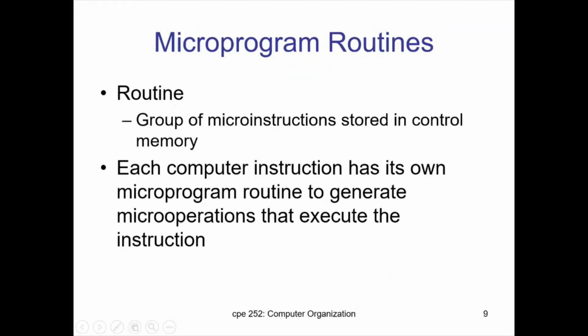That is called a routine, a microprogram routine. When all the operations are done, it comes to the initial stage. So: input the specified instruction, evaluate the instruction, execute the instruction. These are the three primary steps in a routine, which is a group of micro instructions stored in control memory.